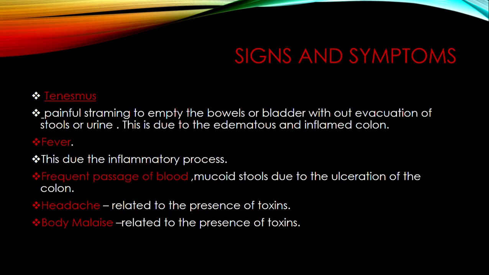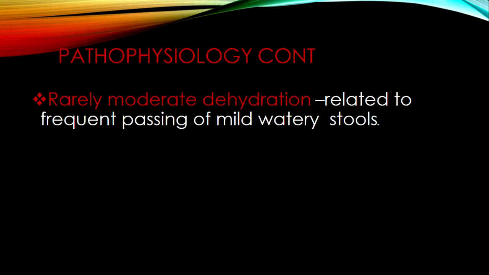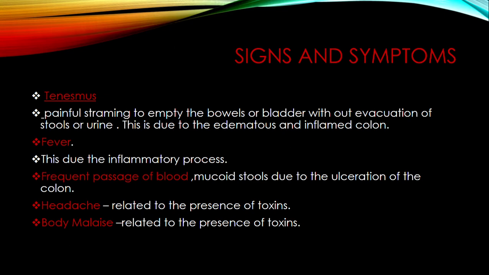So now let's move on to look at the signs and symptoms. So signs and symptoms are as follows. We have tenesmus. This is a feeling that a patient will have, like they want to go and open bowels. When they go to open bowels, there is nothing which will come out. The stool will not come out.